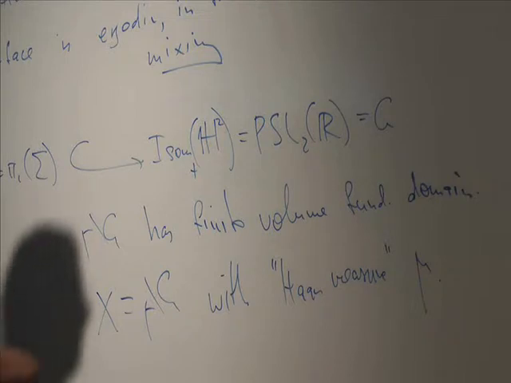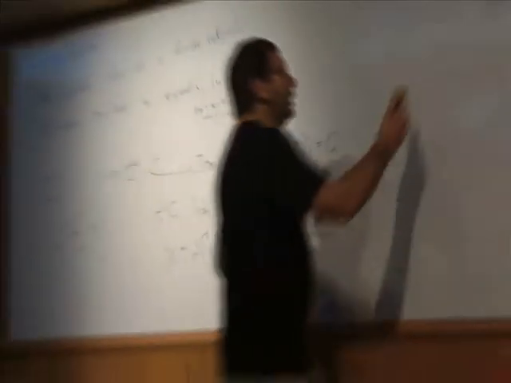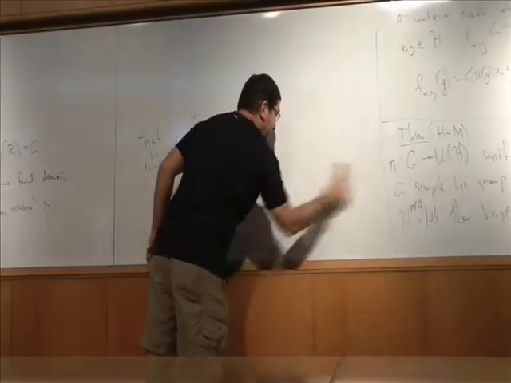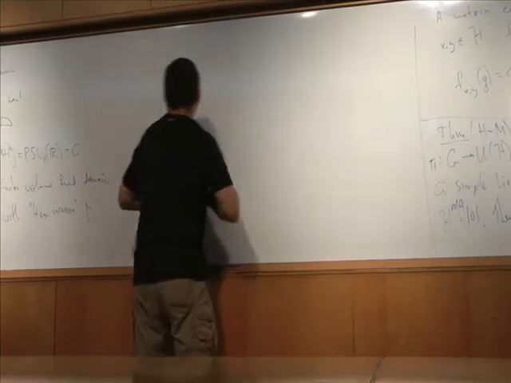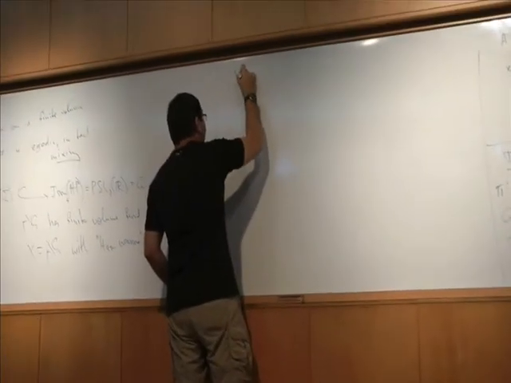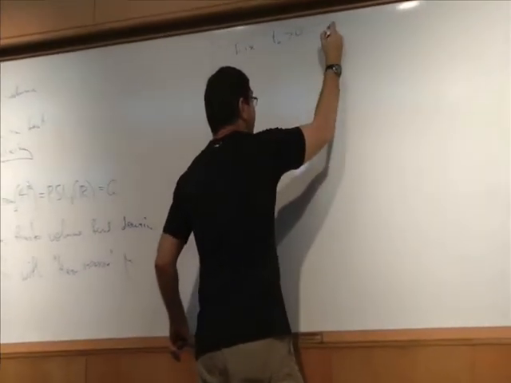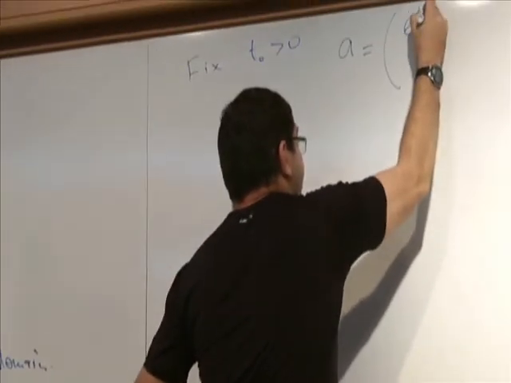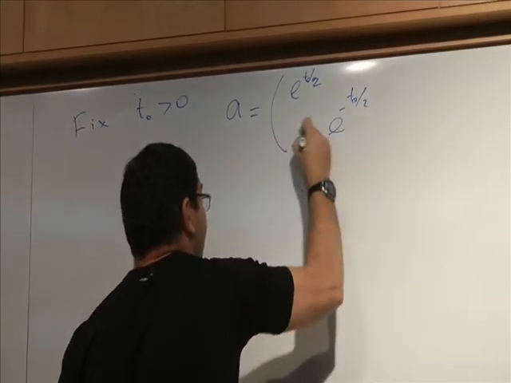On that space, you have a transformation, so you fix time, fix some t_0, say positive, and look at the element a, which is diag(e^{t_0/2}, e^{-t_0/2}).